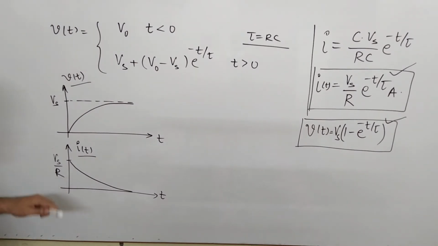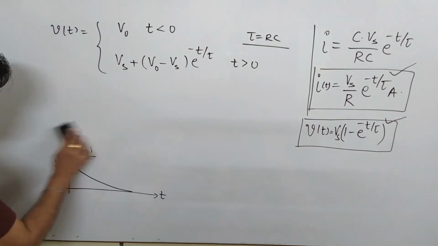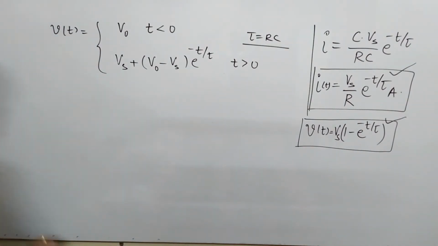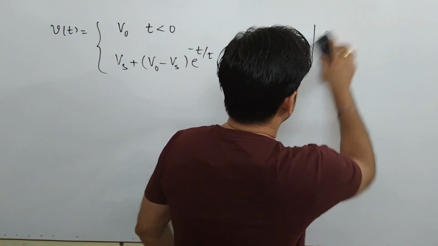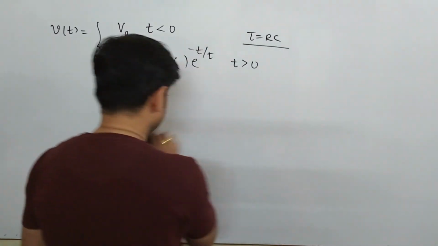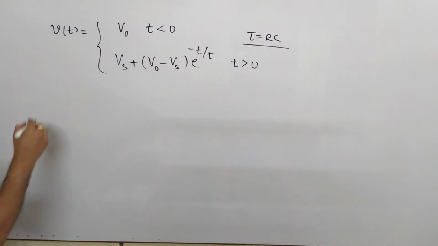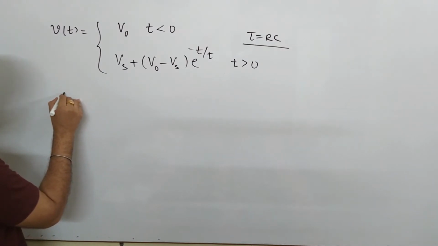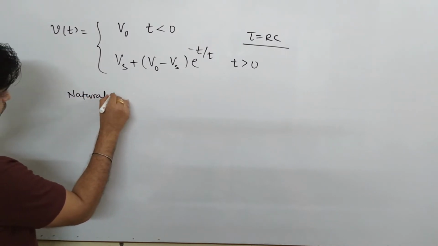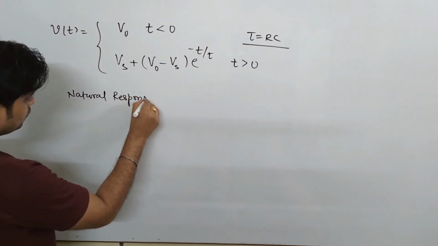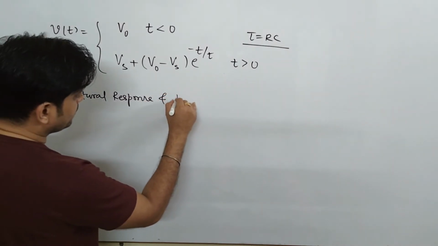Now finally friends, we have seen all the aspects of the RC circuit. The last aspect is the different types of behavior of solutions. You will hear about a few of these solutions, which I write here: natural response and forced response.